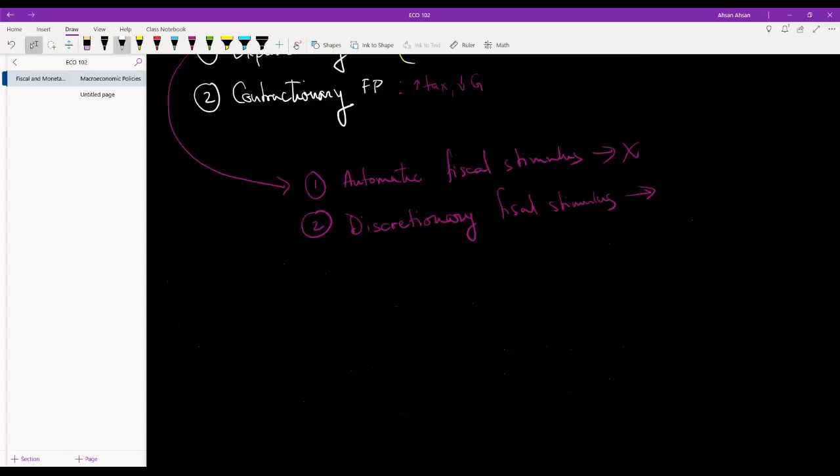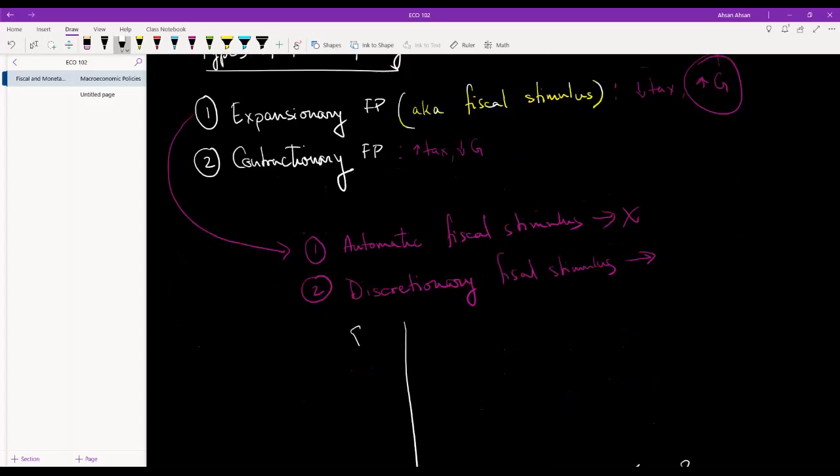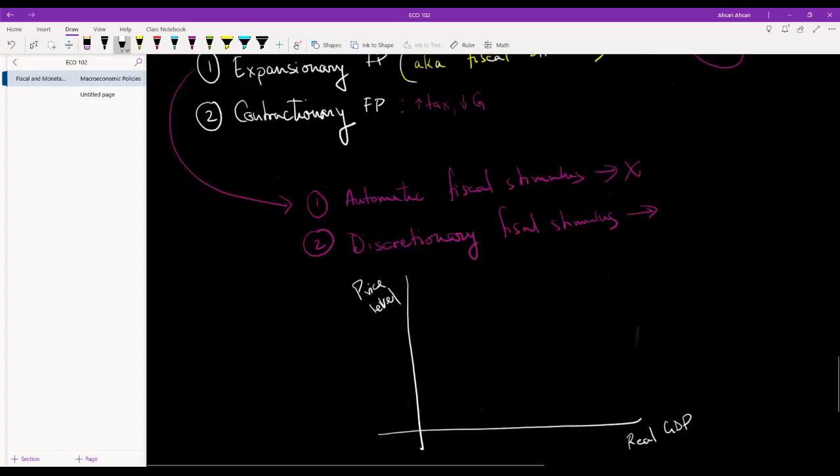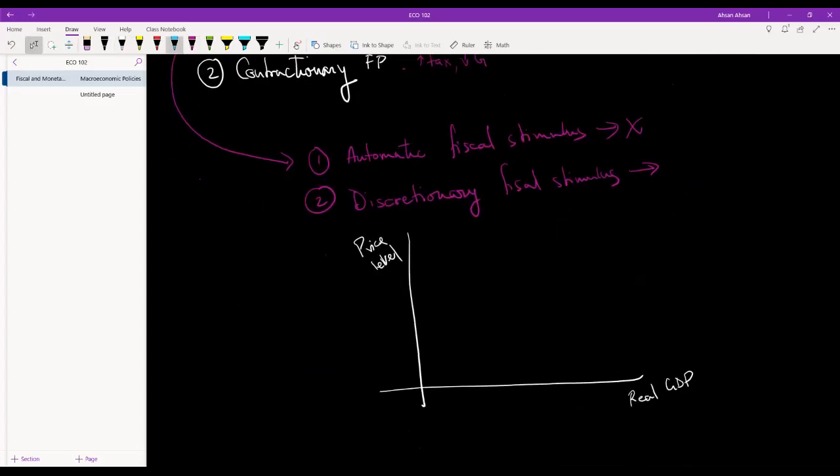So let me just draw a diagram first. I think that will be a bit more instructive. So suppose we have real GDP here, and we have price level here. So we have the aggregate demand curve.